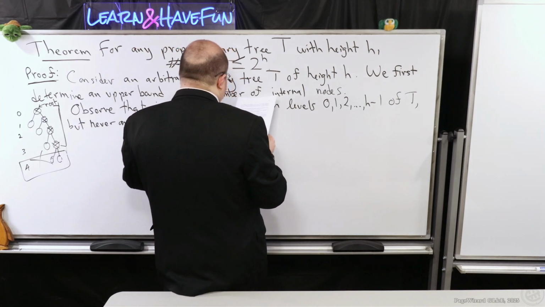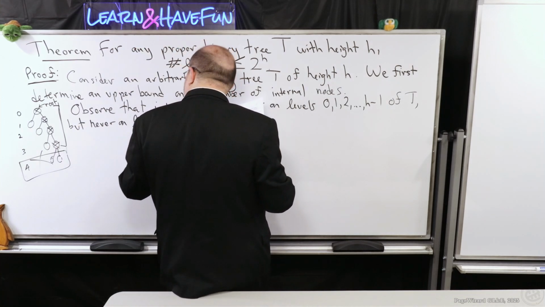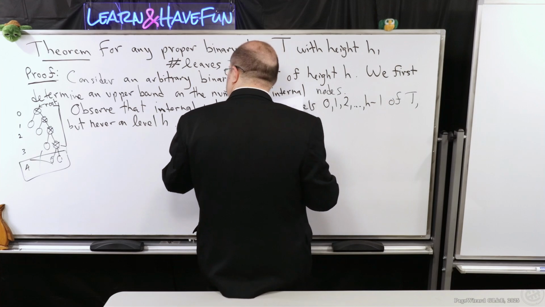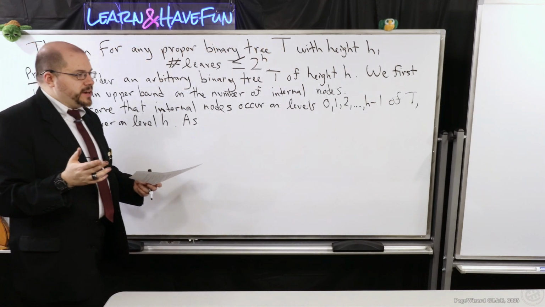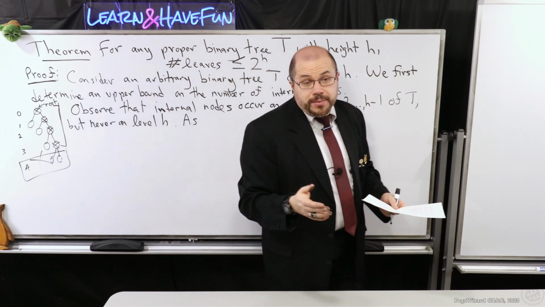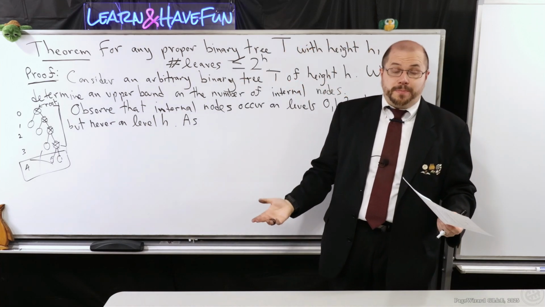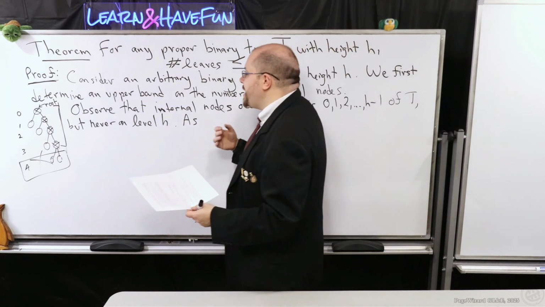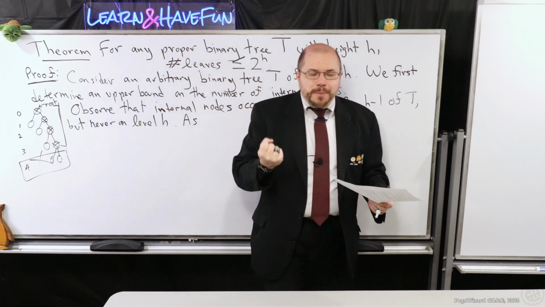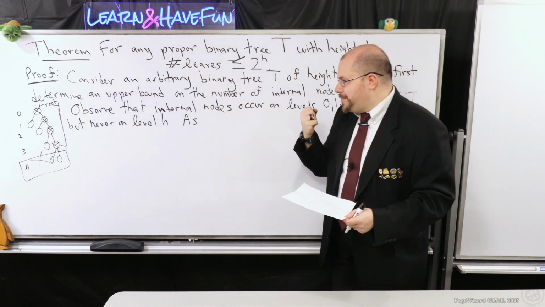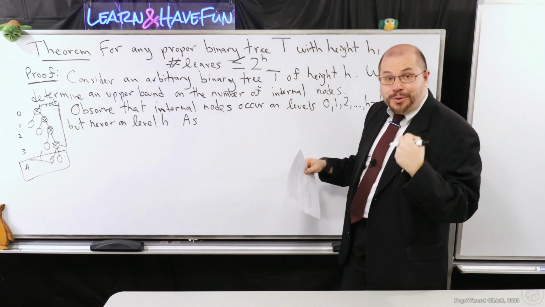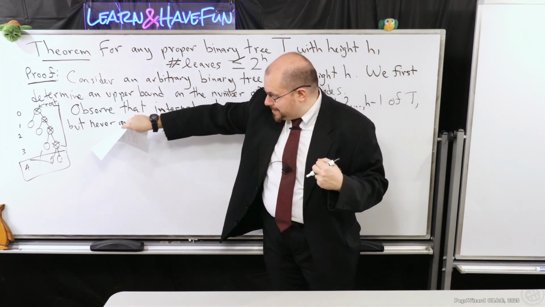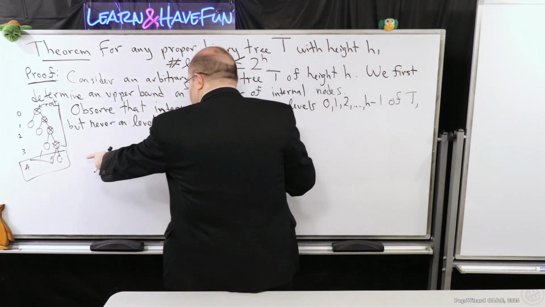So even if I were trying to look at these levels, there's going to be internal nodes in there, right? There's got to be internal nodes in there. Some of them may be internal nodes, some may not be. But the point is I'm coming up with a bound on the number of internal nodes, okay? I'm trying to come up with an upper bound. But I know most certainly there are internal nodes in those levels, in these levels here. But not that last one.